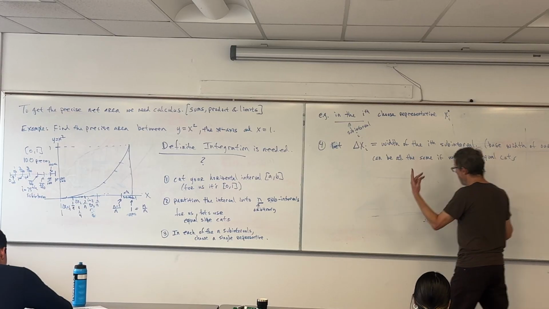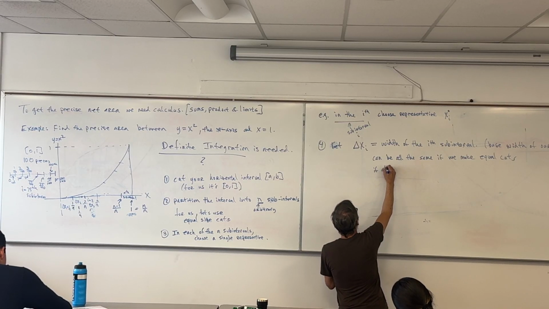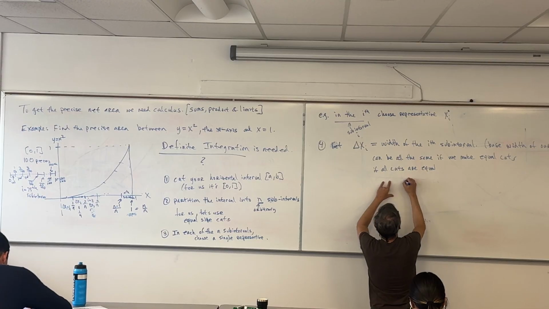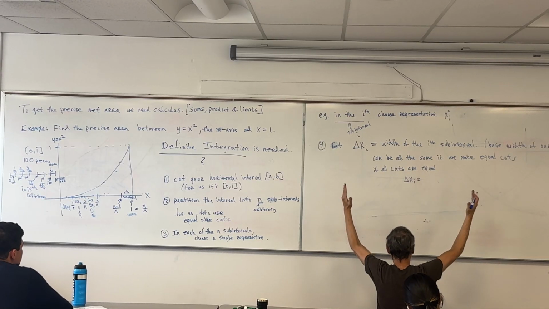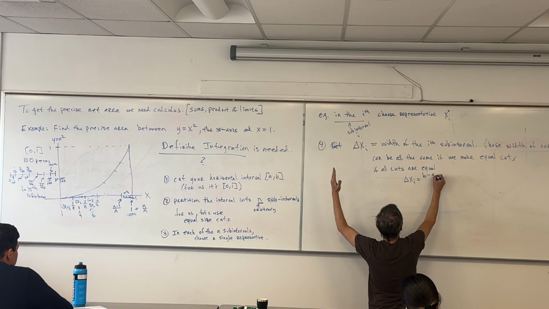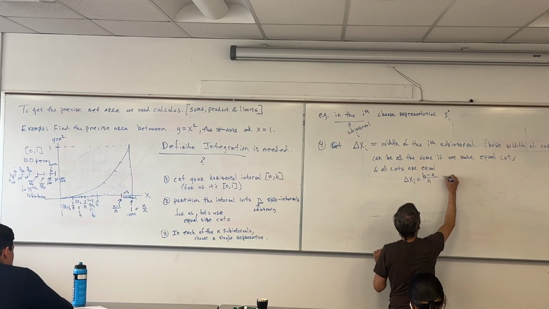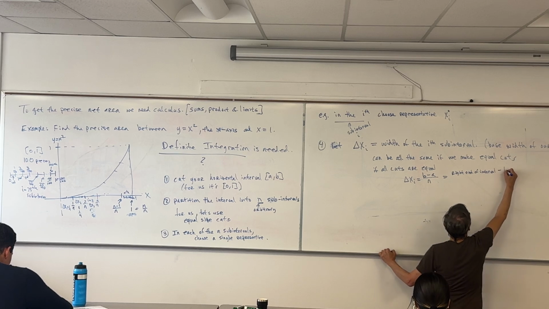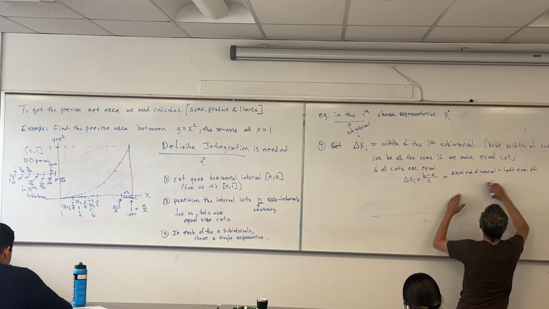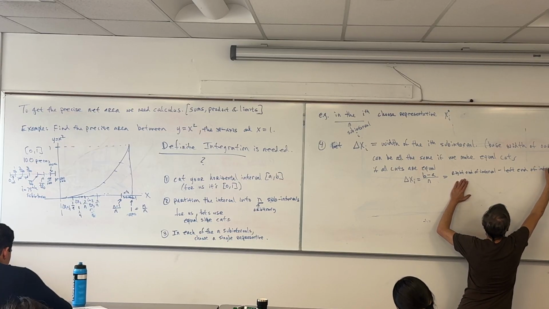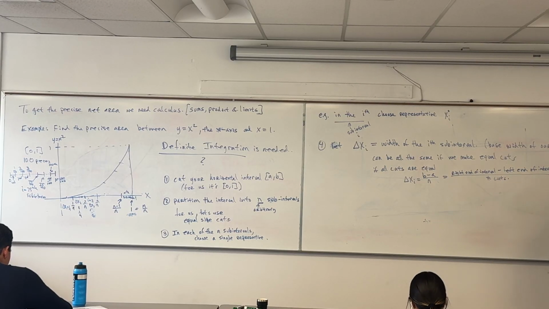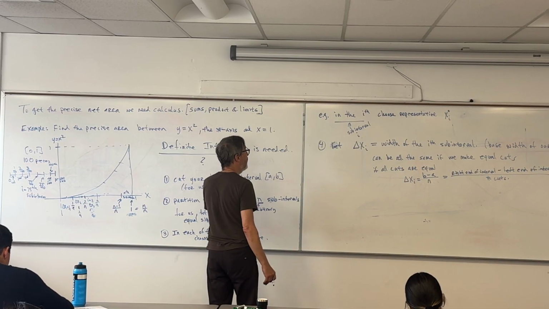In fact, if all cuts are equal, we know exactly how wide they are going to be. Delta x i equals the width of your original interval, which is the right end of interval minus the left end of interval, and this tells you how wide your interval is, and then cut it into equal pieces, divided by the number of cuts.